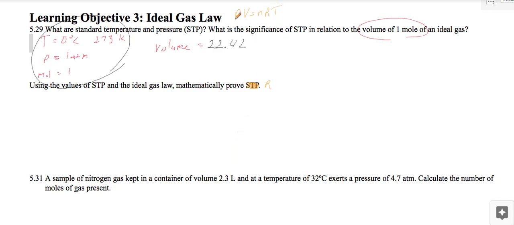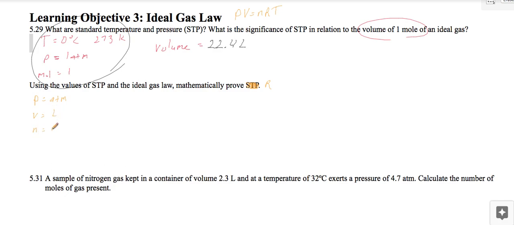And so we have pressure, volume, number of moles, R constant, temperature. And we should take a little bit of time to go through all of those. And so maybe here we can do that as well as mathematically prove R. So pressure is equal to atmospheres. Volume must be in liters.